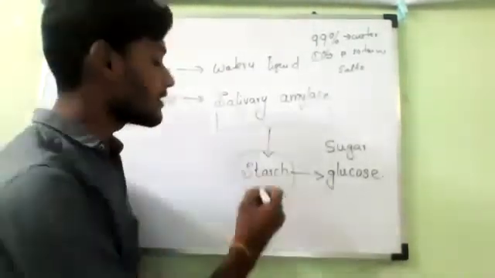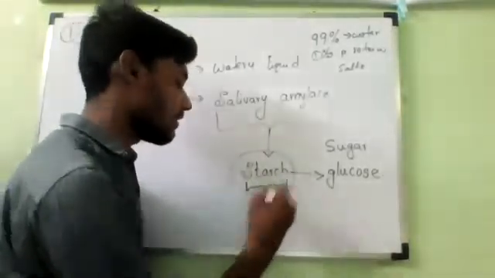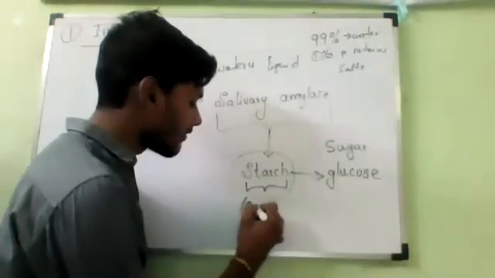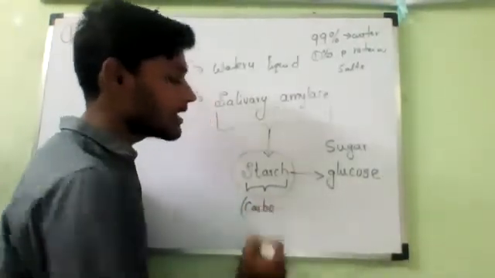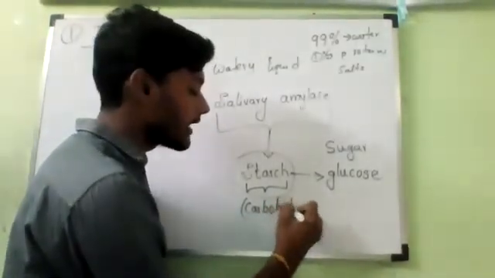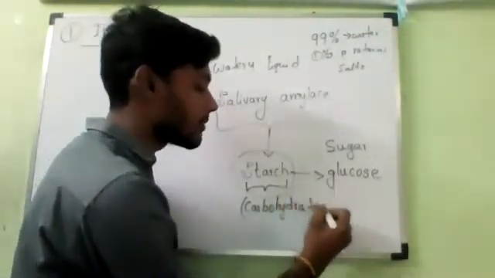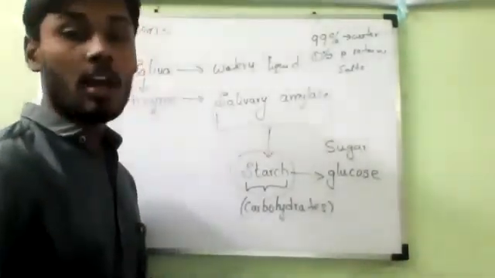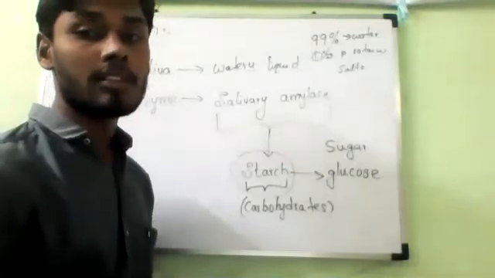So as we know, starch has another name. What is the name of that one? It starts with C. Carbohydrates. That is what we should remember. Understand? So our chemical digestion also starts in our mouth itself.